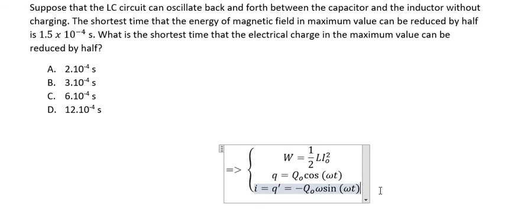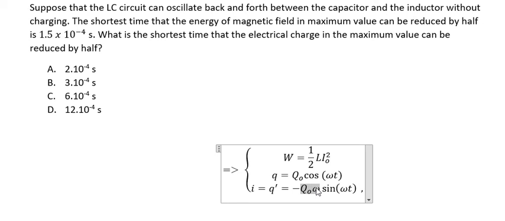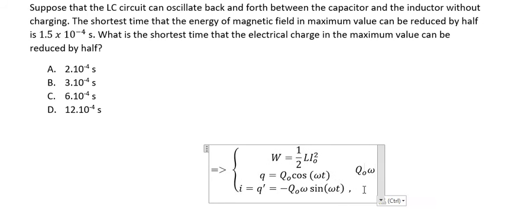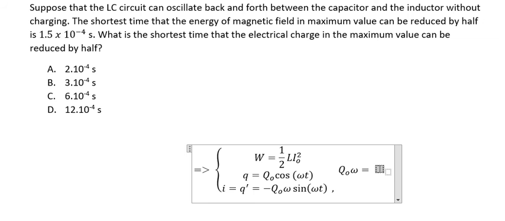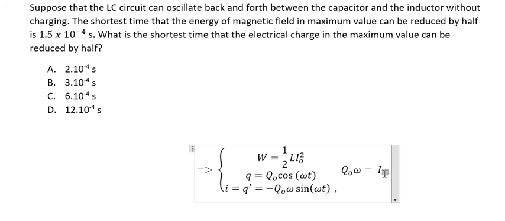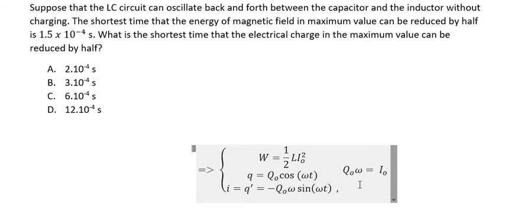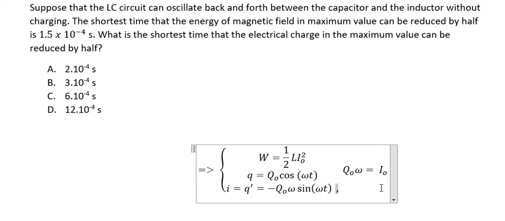Here we know that Q naught multiplied by omega gives I naught. So in this situation we need to convert the I to I naught.